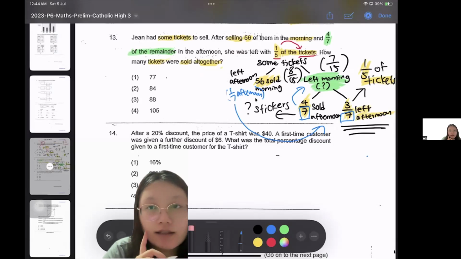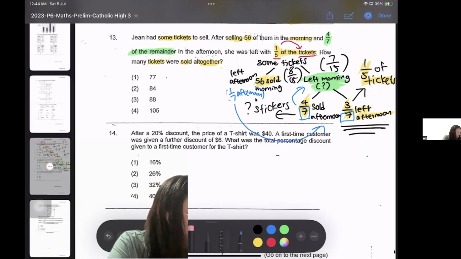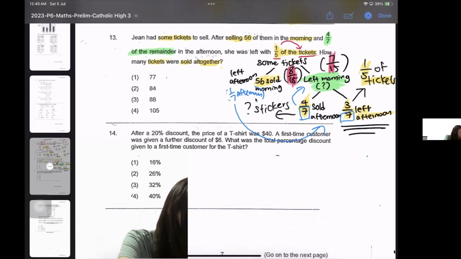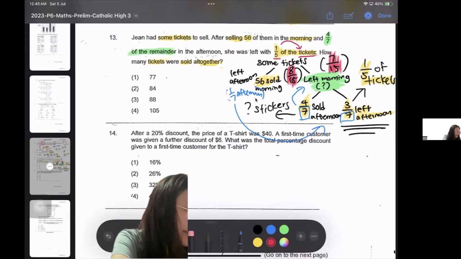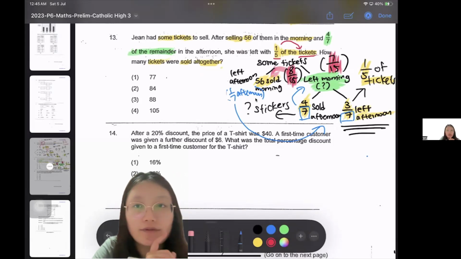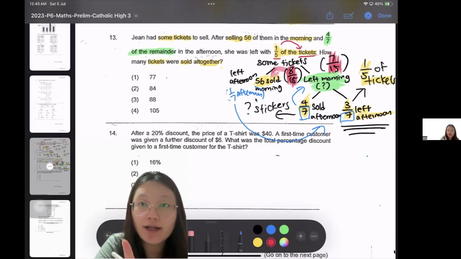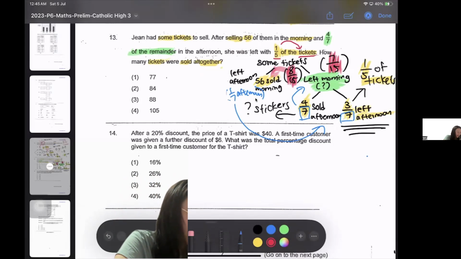So now we've got the 8 out of 15 and the 7 out of 15. Right? So we know that 8 out of 15 is equals to 56. So you want to find what is 7 out of 15. This is what you do, okay?